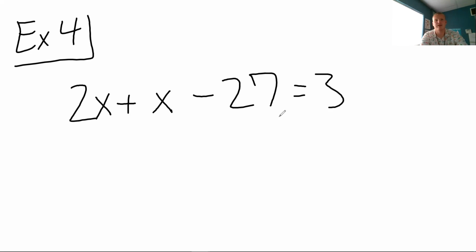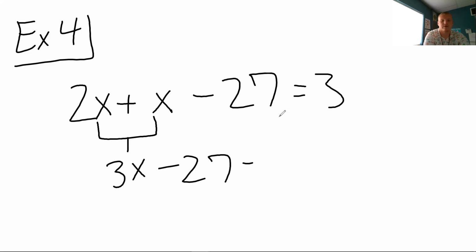So the only thing I'm going to do is combine my like terms before I even start. So what do we see in common right here, Logan? Yep. So I'm going to have 3x minus 27 equals 3.